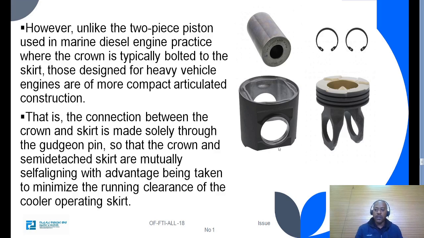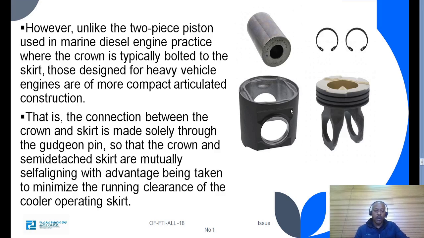However, unlike the two-piece piston used in marine diesel engine practice, where the crown is typically bolted to the skirt, those designed for heavy vehicle engines are of more compact articulated construction. That is the connection between the crown and the skirt. This is the crown and this is the skirt.